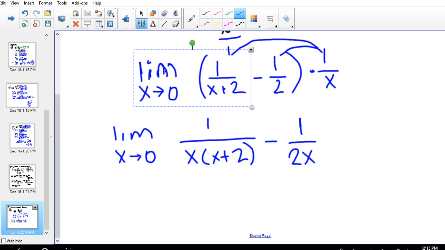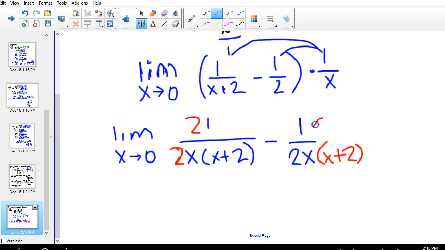As it is right now, you get 1 over 0 minus 1 over 0. I think we need to get common denominators here. So if we multiply this by 2 and this by x plus 2, we'll have the same denominators.